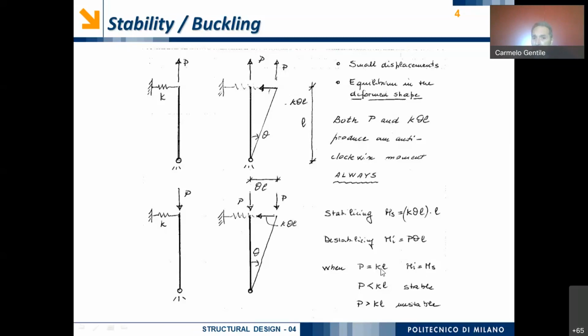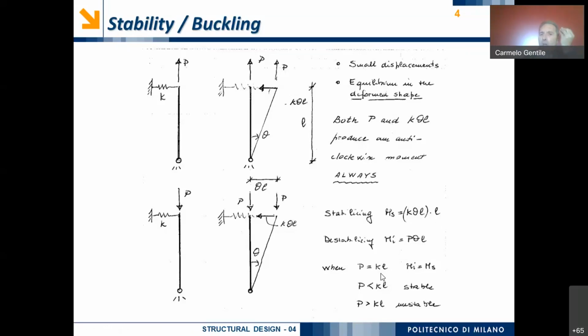Of course, when the stabilizing moment is exactly equal to the destabilizing moment, where the stabilizing moment is K times theta L times L, whereas the destabilizing bending moment is P times this displacement, and this displacement is theta L. When the two are equal, we have a neutral condition of equilibrium.